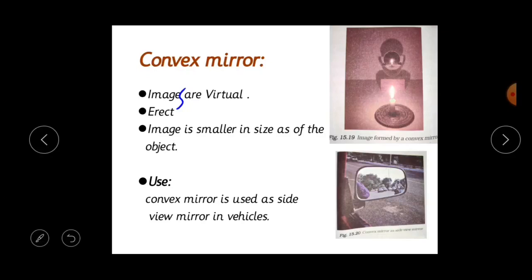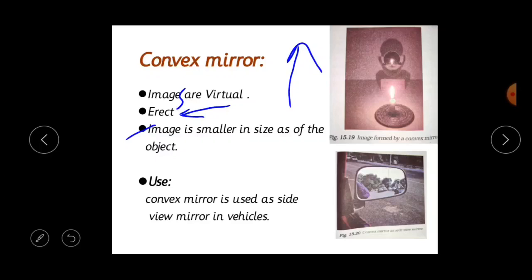If they are virtual, of course it will form an erect, upright image, it will not be inverted. If the images are real, it will form an inverted image. If the images are virtual, it will form an erect image. Next, the image is smaller in size than the object.